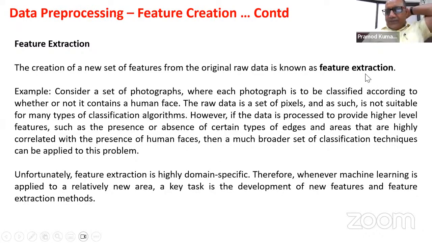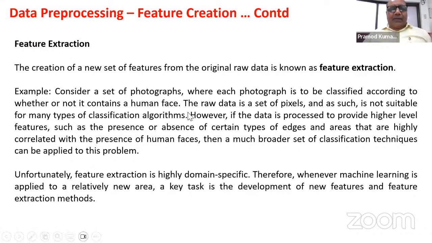In some cases, the features are not known to us, but we have been given raw data, and from that raw data we need to extract the features, and then on those features we will be applying our algorithm, either classification, clustering, whatever it is.